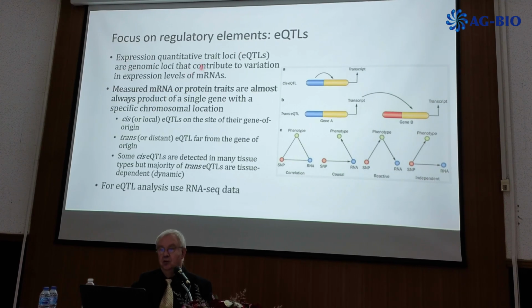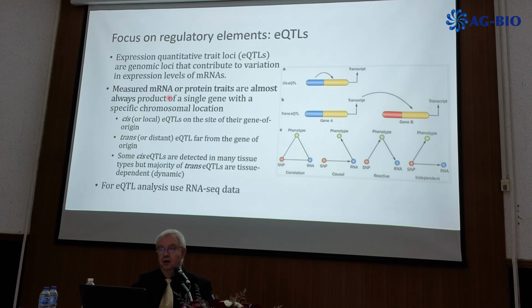These are expression quantitative trait loci. If you look at the phenotype, it will not help you much. But what you can do is look at the expression levels of messenger RNA, not microRNA, messenger RNA. And messenger RNAs will clearly show you an effect between the eQTLs of the different markers.